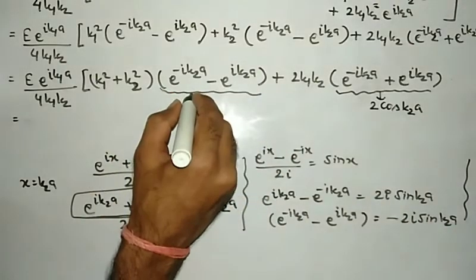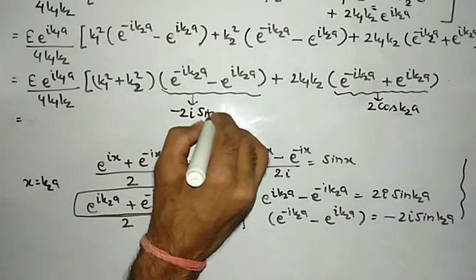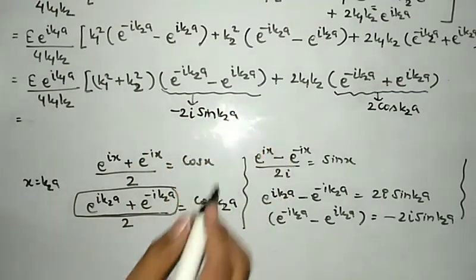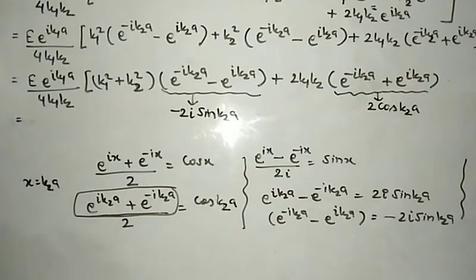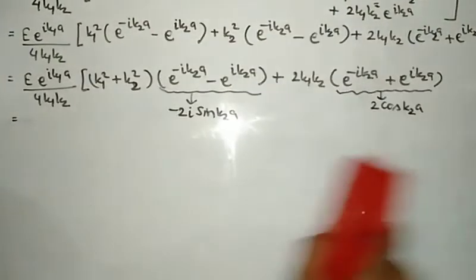So this term will be treated as minus 2i sin k2 a. This was for understanding.